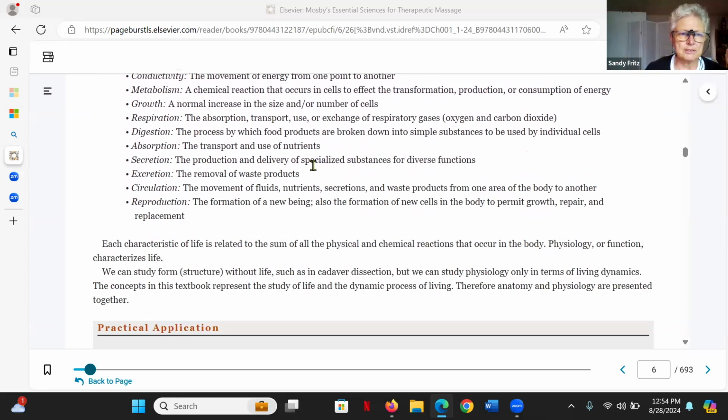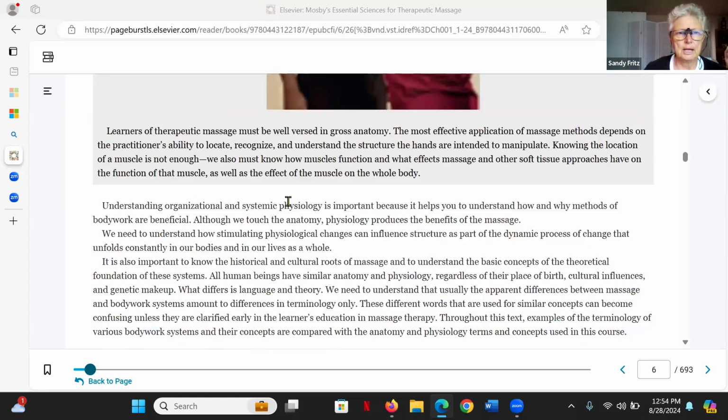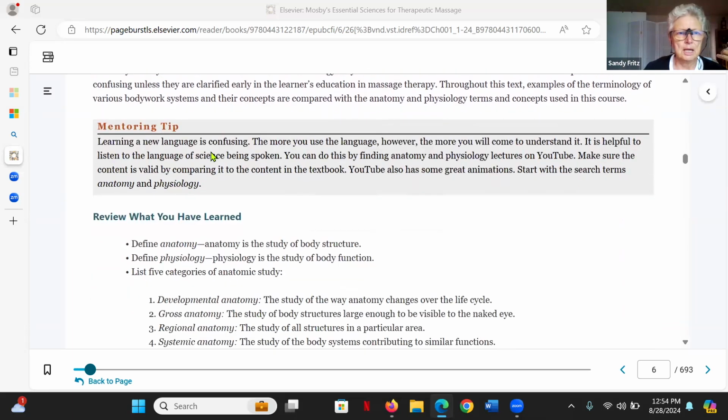Here are your characteristics of life and a practical application. Make sure you read these. They kind of put the material into context. And a little mentoring tip here. This one right here says, learning a new language is confusing. So give yourself some grace around this.